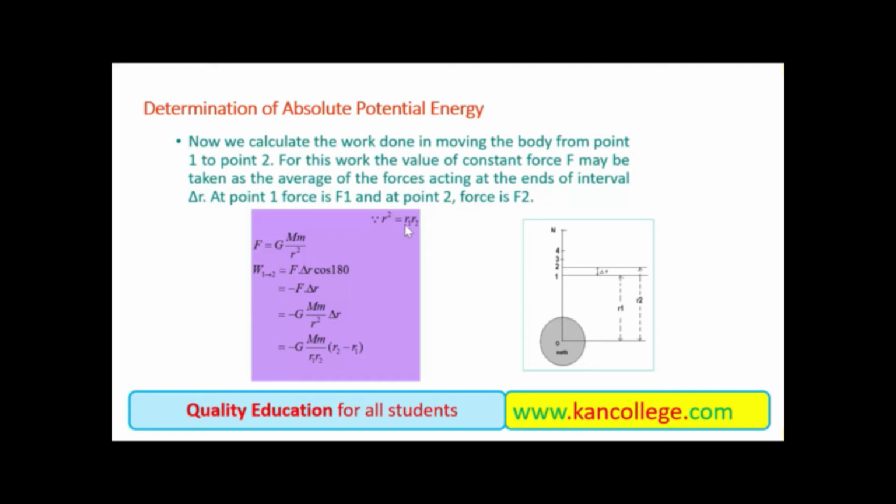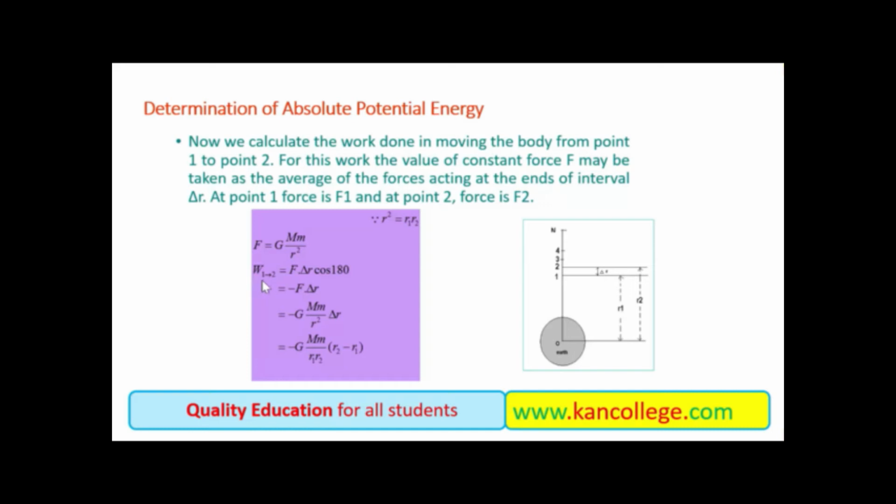So this is the value of R, which is the geometric mean of R1 and R2. If we take the square root of both sides of this equation, then R will be the geometric mean. And R is the mean distance from the center of this interval to the center of Earth. So average force is being used for calculation of work done in this case.